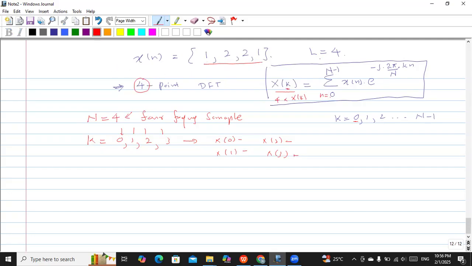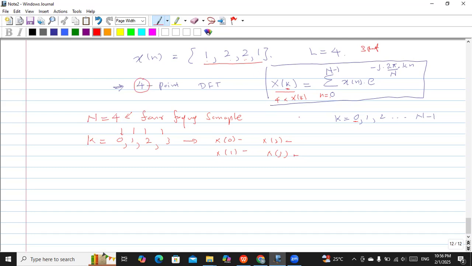What happens if we choose a 3-point DFT? Then you are going to do it from 0 to 2, so you are only counting these 3, and this time sample will not be considered, so your analysis will not be okay.